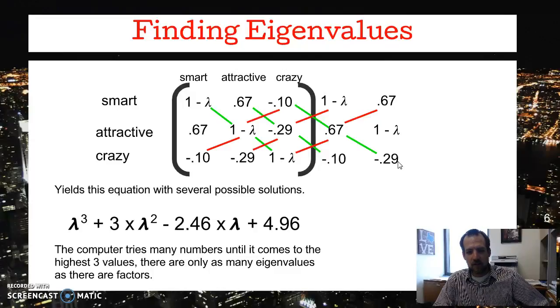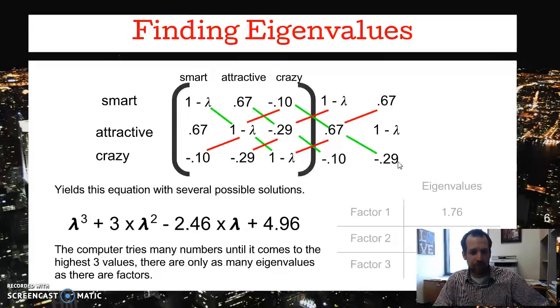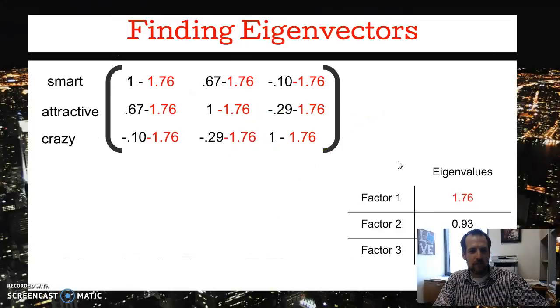There's always going to be the same number of eigenvalues or principal components as there are factors that you put in. Doesn't mean they're all going to be interpretable or you're going to use all of them. It just means they are going to be there when you look at an output. So here are our eigenvalues. The highest one is 1.76, and we have 0.93 and 0.3.